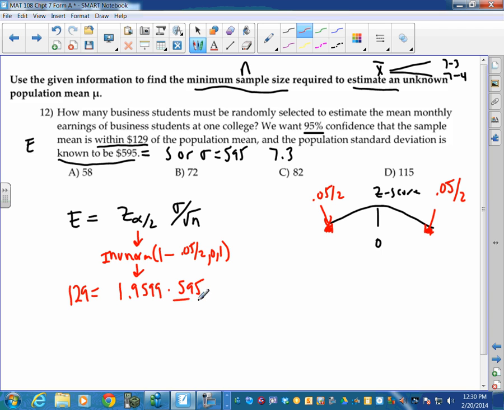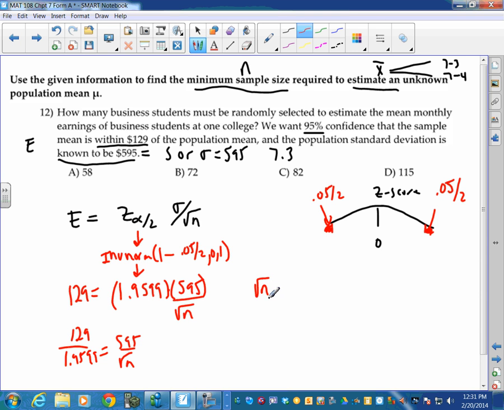595 all over the square root of N. Dalton, how do you solve for N? You can. 129 divided by 1.9599 equals 595 over the square root of N. Then you can cross multiply and divide, can't you?